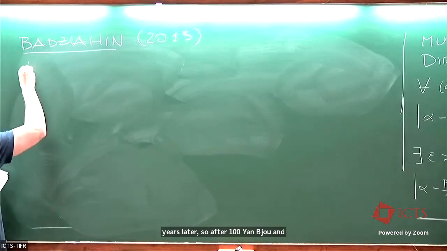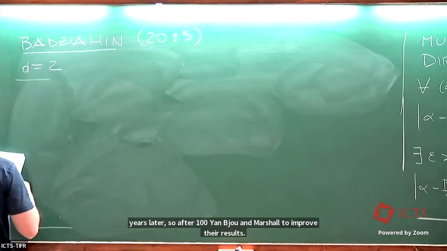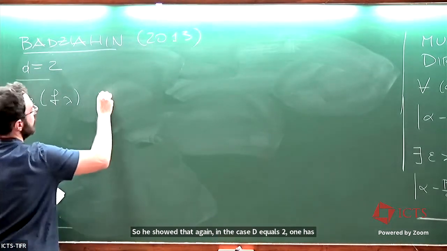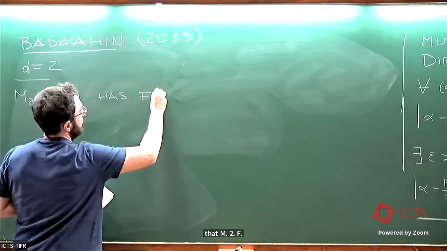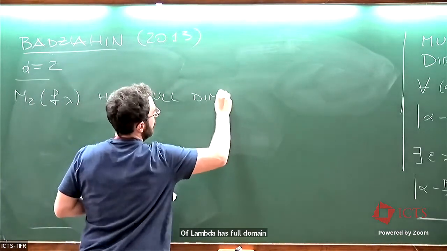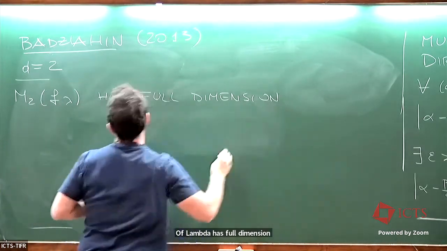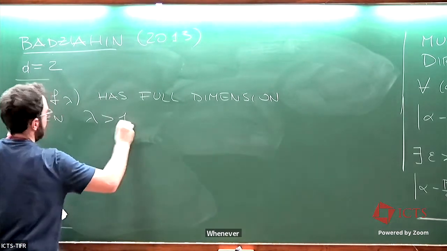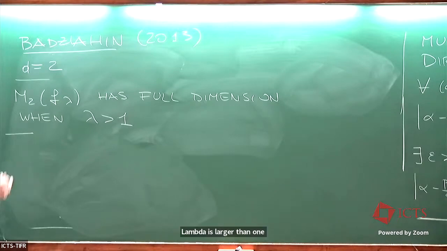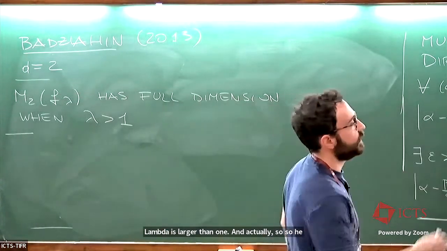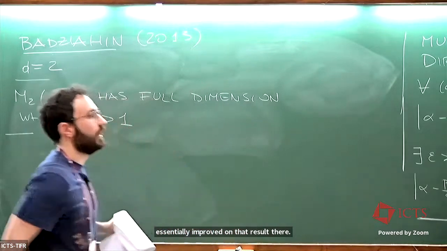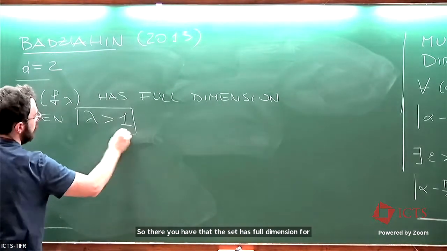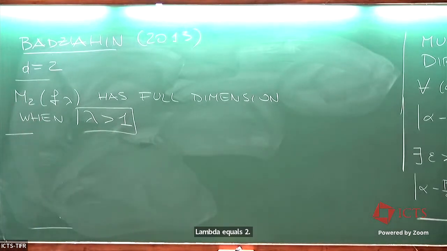He showed that again in the case d equals 2, M2 f of lambda has full dimension whenever lambda is larger than 1. So he essentially improved on that result: there you have full dimension for lambda equals 2, and now you have a whole new range of values of lambda.